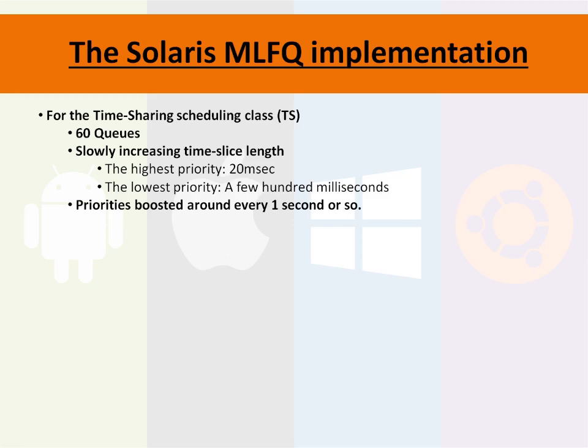And each of these queues has a slowly increasing time slice length, like what we demonstrated in the previous slide. The highest priority queue has a 20 millisecond time slice, and the lowest has a few hundred milliseconds, so it's quite a long time slice length. And the priorities are boosted around every 1 second or so. So that's how the Solaris MLFQ implementation works.